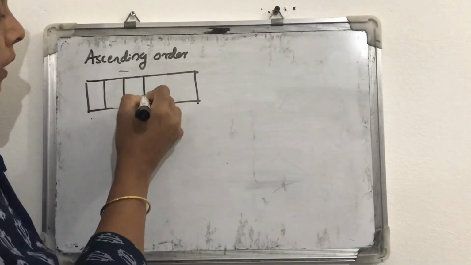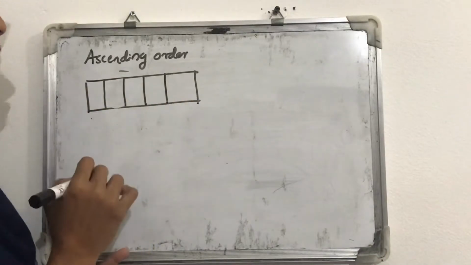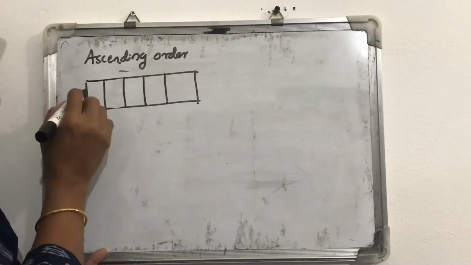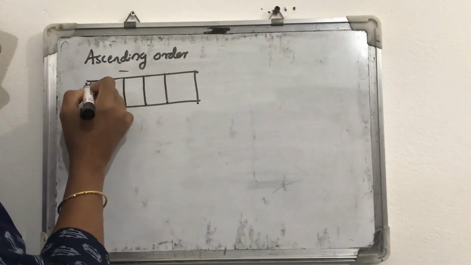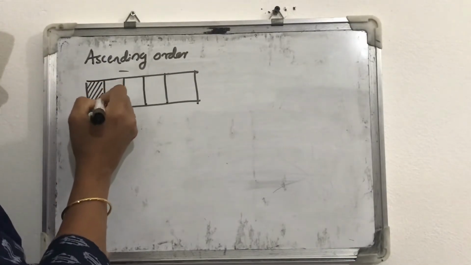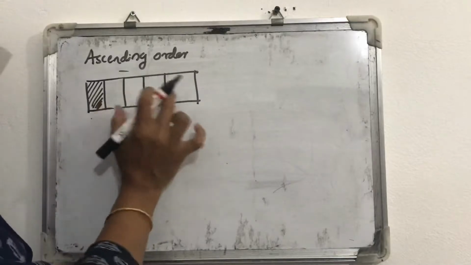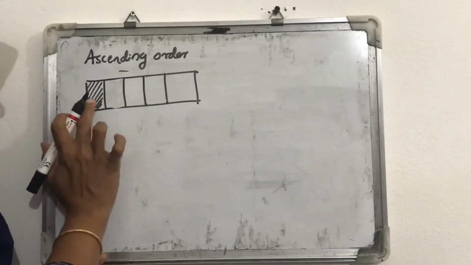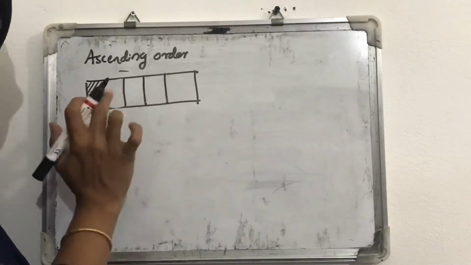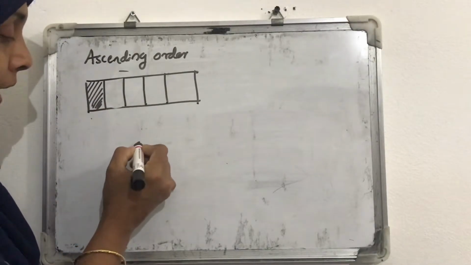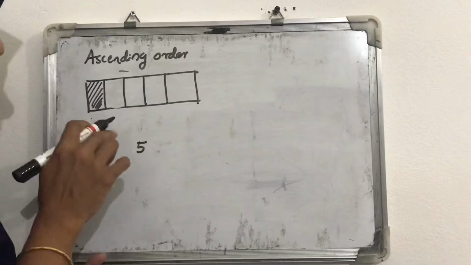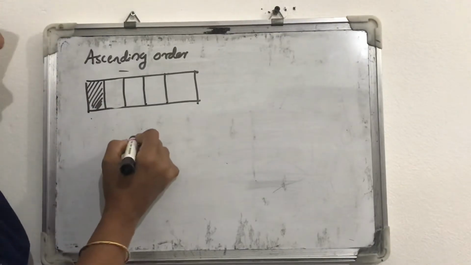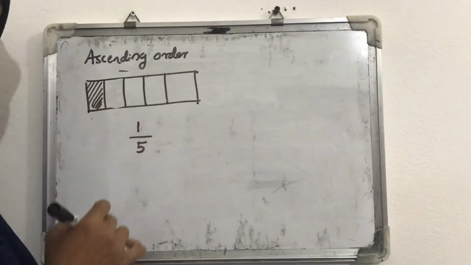First I shade only one part. Then what will be the fraction of this shaded part? Total how many parts are there? 1, 2, 3, 4, 5. So that will be the denominator. How many parts are shaded? Only one part is shaded, so that will be the numerator.